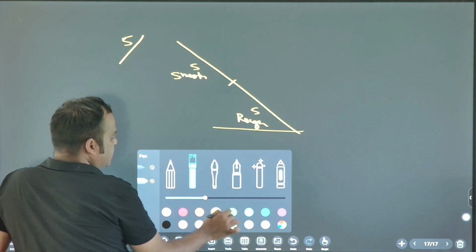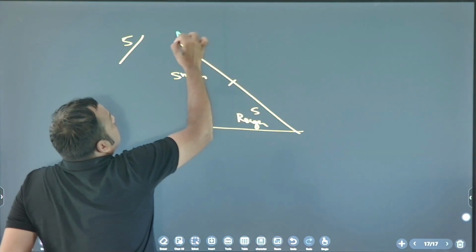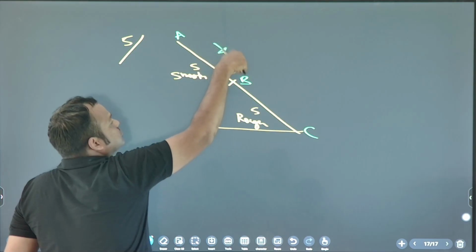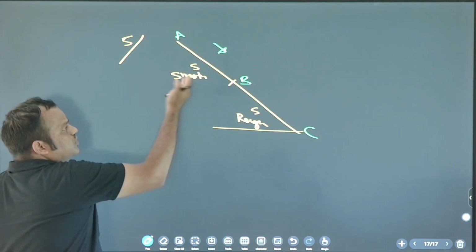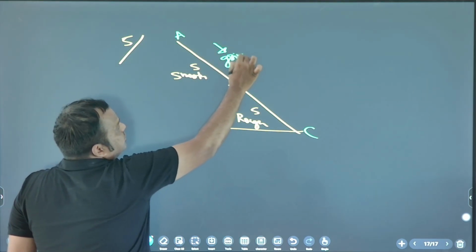Suppose the body is sliding. So what is the acceleration? It is sliding, smooth. What is the acceleration? G sin theta, very good.